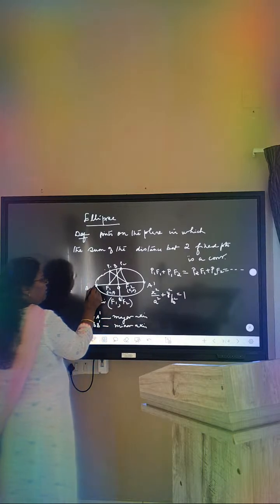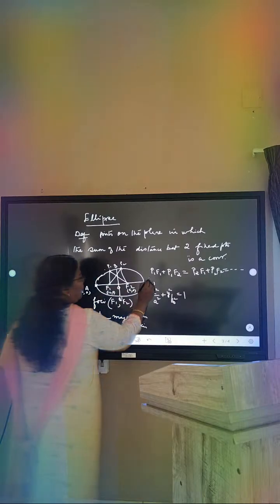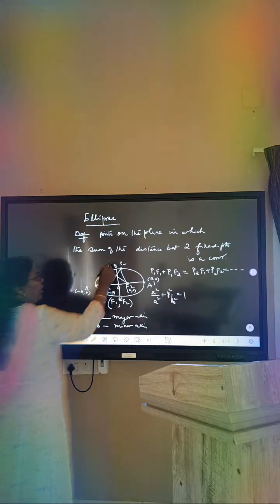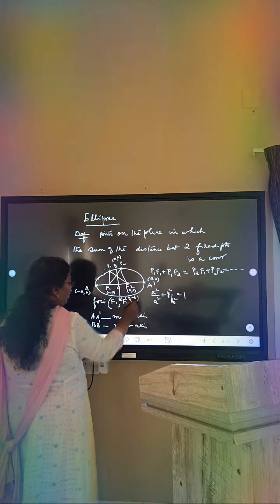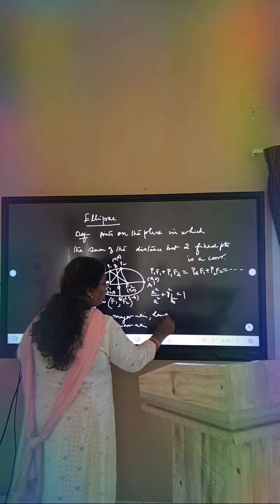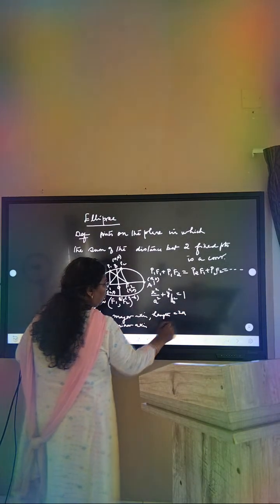Therefore, the ends of the major axis have the coordinates minus a comma 0 and a comma 0, and the minor axis has the coordinates 0 comma b and 0 comma minus b. So the length of the major axis is 2a, and the length of the minor axis is 2b.